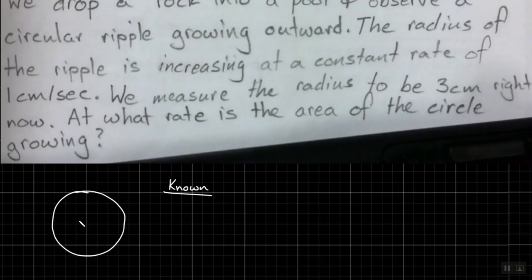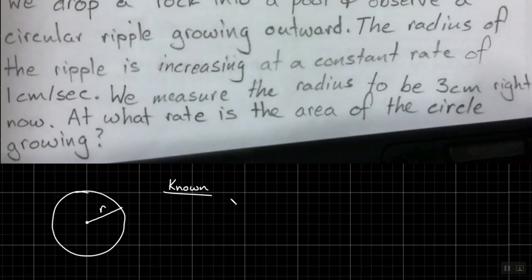Okay, we have our picture, and let's just see if there's anything else I can add. The radius is increasing. We measure the radius to be 3 centimeters right now. So if I want to, I can say, check it out, here's a radius, and I assume that I'm looking for when r is 3. But I'm going to wait to put that until what I'm supposed to be finding. So I'm just going to call that the radius right now.